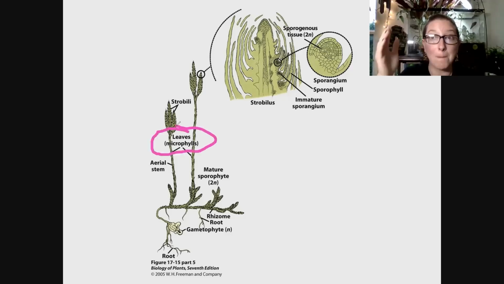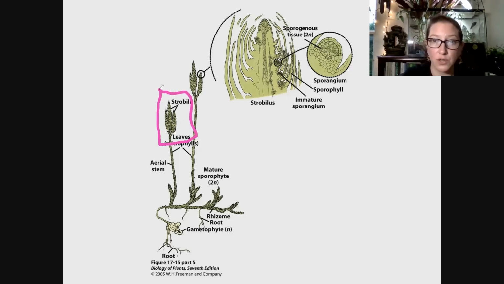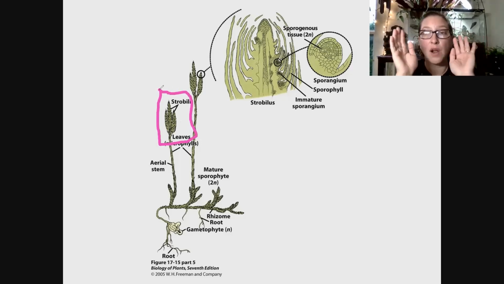So the leaves are microphylls, right? A leaf that's simple with one vein. However, at the top, in this case, at the top of the stem, are these structures called strobili, which we just learned are where there are leaves that have sporangia on them.